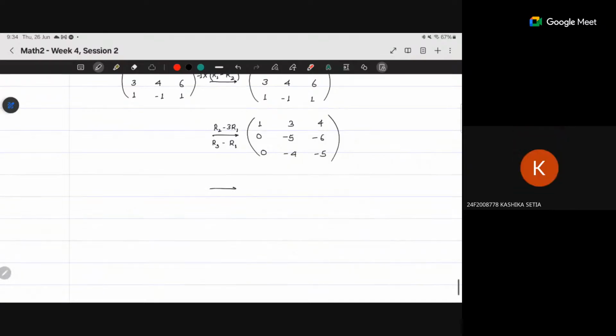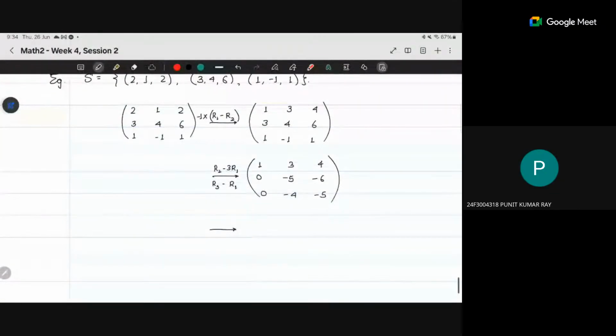Sir, I have one doubt in the row method. Yes. Sir, if we arrange those vectors as columns, then after doing the whole REF steps, won't it be easy to identify which vectors are linearly independent or dependent? Yes, the column method is something that I've not discussed yet. Okay.